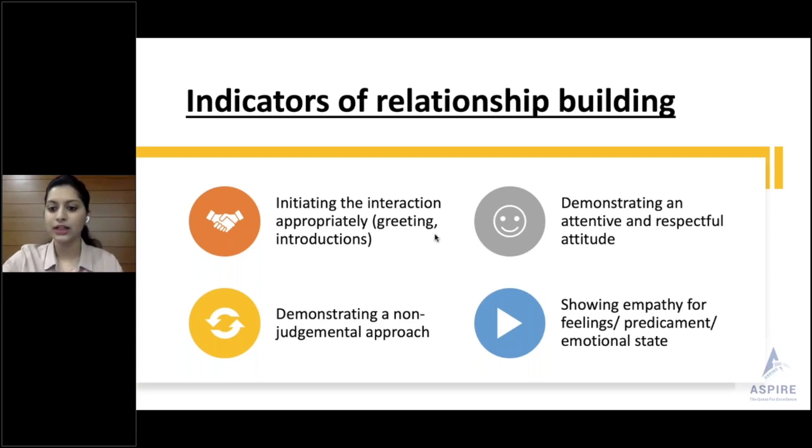All right. Demonstrating an attentive and respectful attitude. So this establishes trust with the patient. It lays down the foundation for a collaborative relationship and ensures that the patient understands your motivation to help.